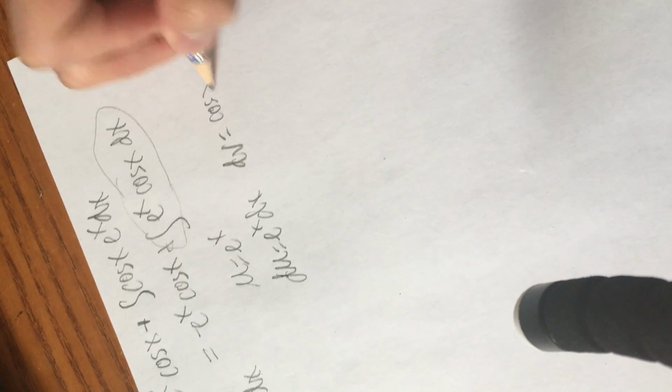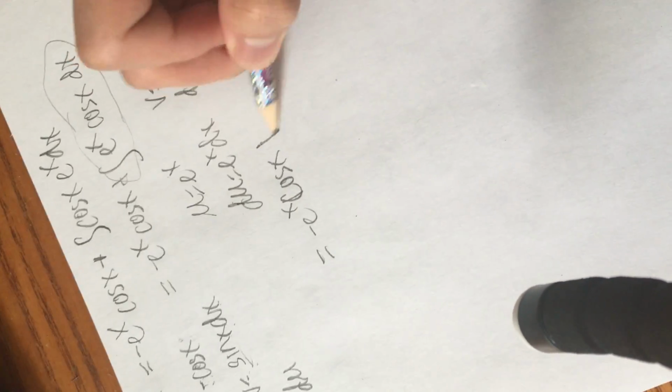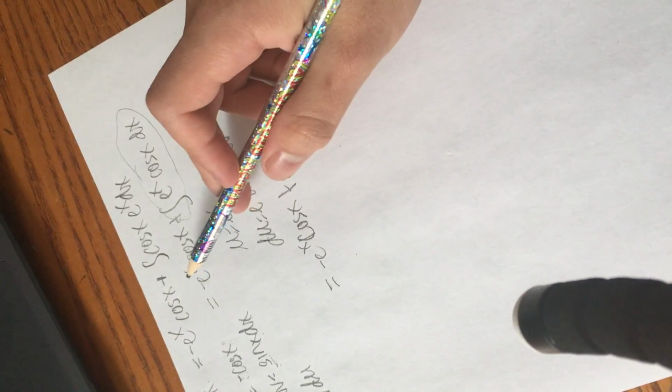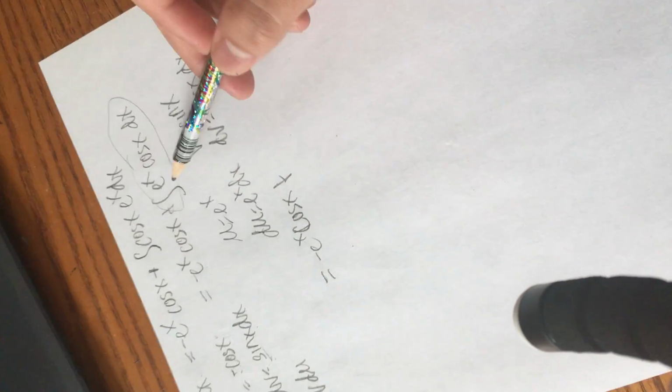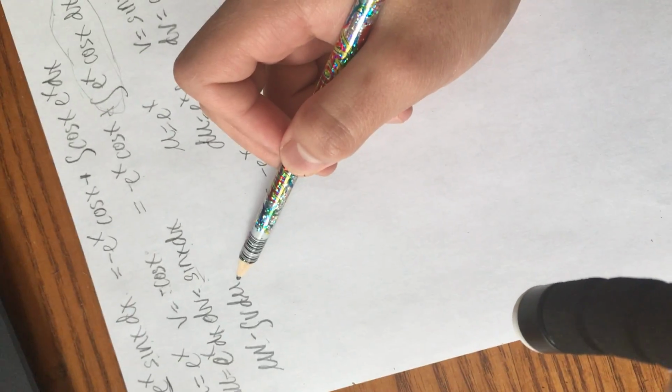Okay, so I'm gonna do this quickly. Negative e to the x times cosine x plus the integral for this, which is uv minus v du.